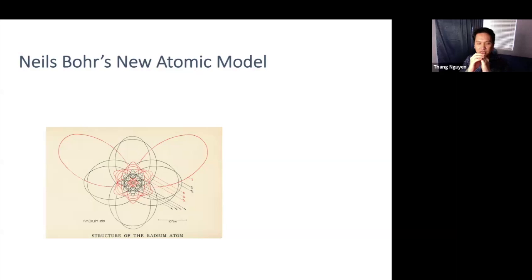Just like that, the nucleus is in the middle, and you have electrons orbiting the nucleus, some orbiting at a closer distance, some at a farther distance. As you see here, the orbits, quote unquote, that he drew were closer to the nucleus and some further out.